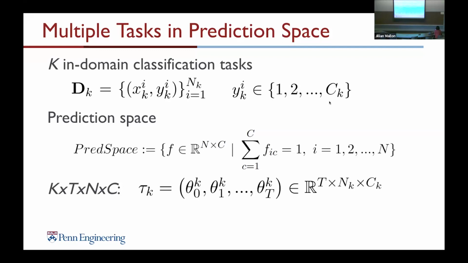We can use summation to get the total number of samples and the total number of categories, and hence define the n by c prediction space as a function output, where the function output is a prediction based on the model outputs. In total, we have k by t by n by c trajectories forming a space, where each point is an n by c output of the model at a time step t.